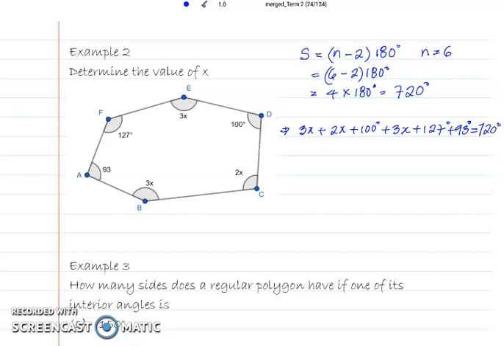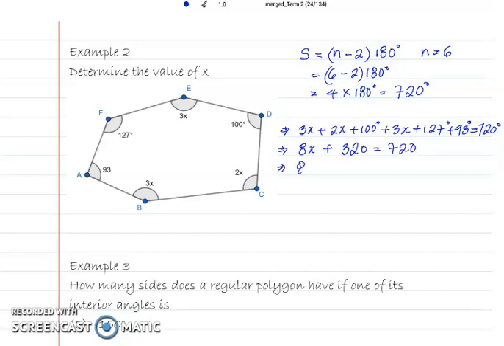All right, so let's add. 3x plus 2x is 5x, 5x plus 3x is 8x, so this is 8x plus 100 plus 127 plus 93, and we have 320 is equal to 720.